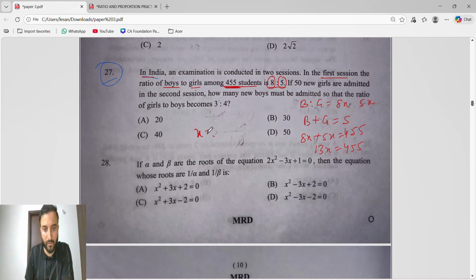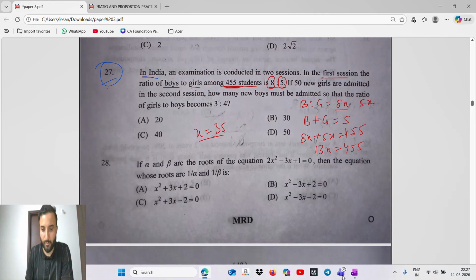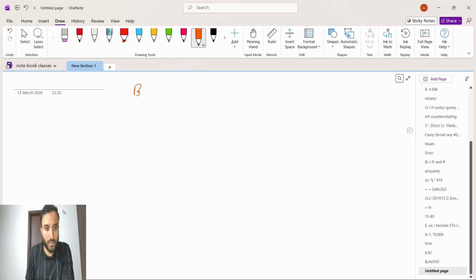X equals 455 divided by 13. X equals 35. If x is 35, boy is 8x, so 35 into 8, boys is 280.